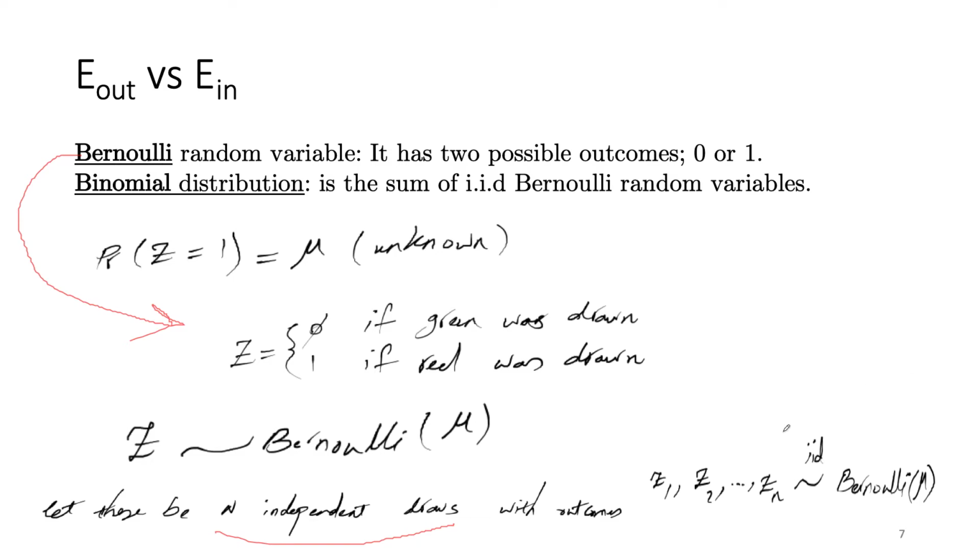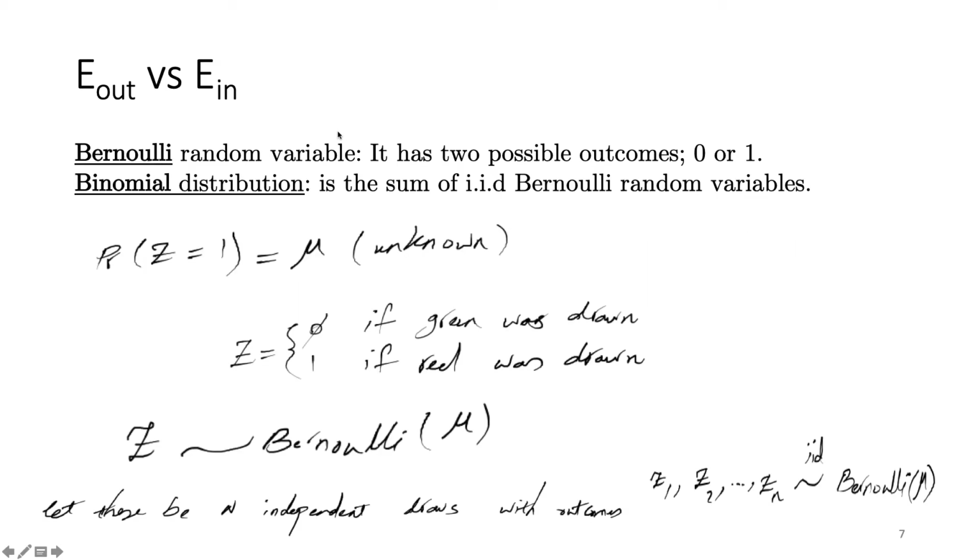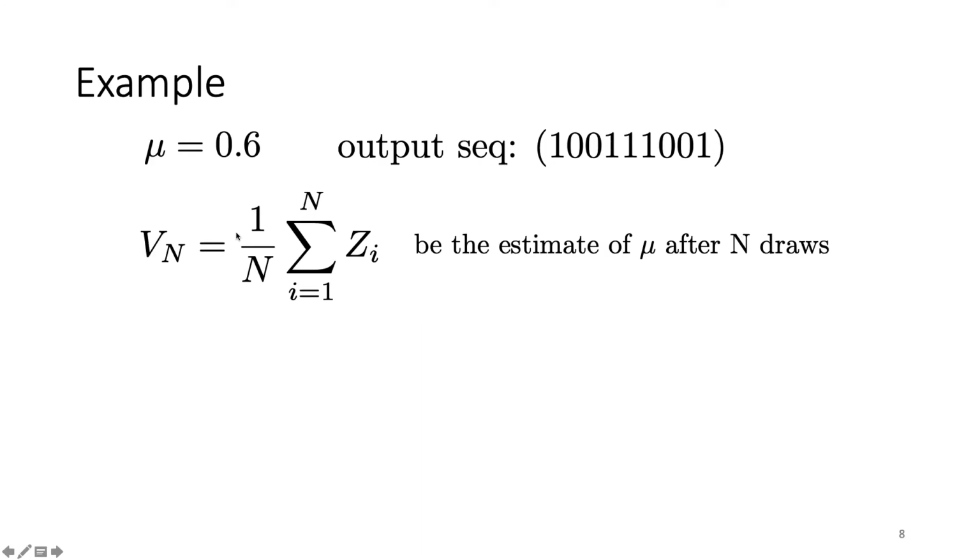So let's have a quick example. How can we gain some information out of this Bernoulli? For instance, assuming that mu was 0.6, so the probability that this draw is equal to 1 is 0.6, 60%. Say we are having 9 draws, 1 to 9.